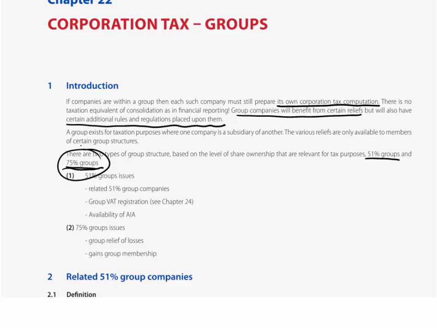First of all, what are these various group issues? Firstly, in a 51% group, we already know about, and we'll remind ourselves in a minute, related 51% group companies. If there are such related 51% group companies, then the effect is to reduce the profit limits for each of the companies.